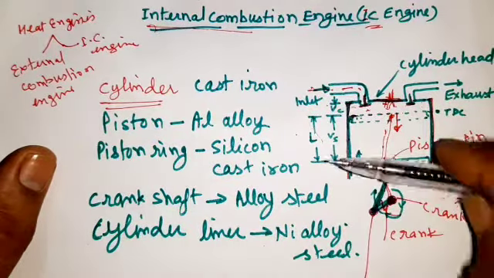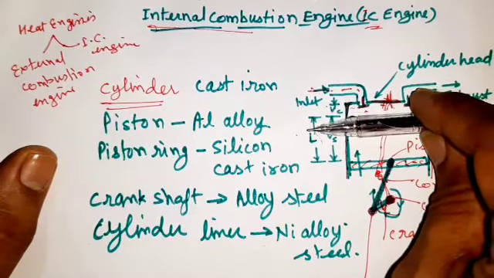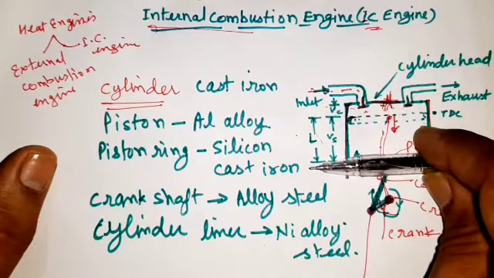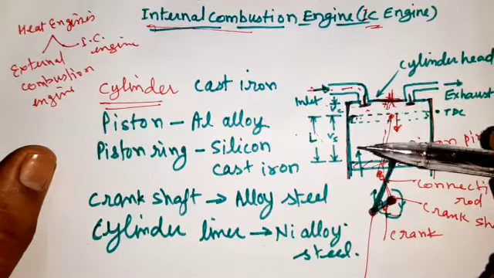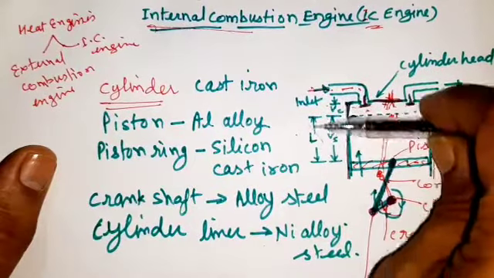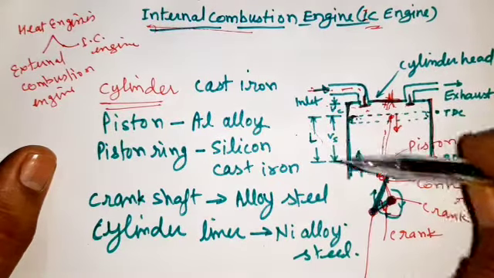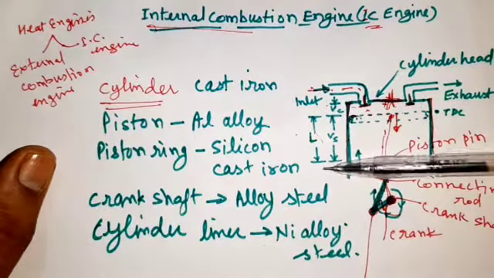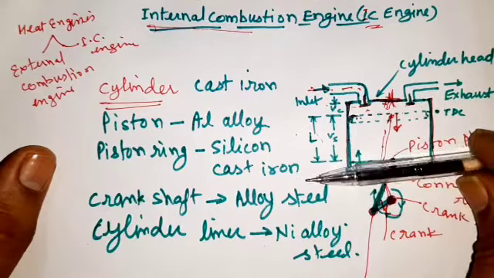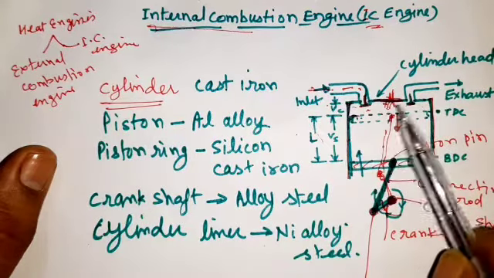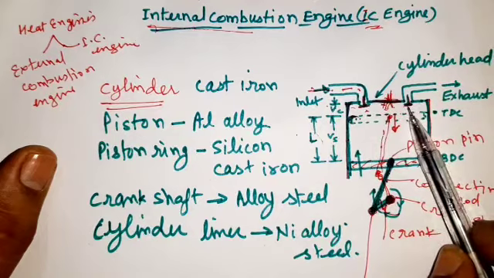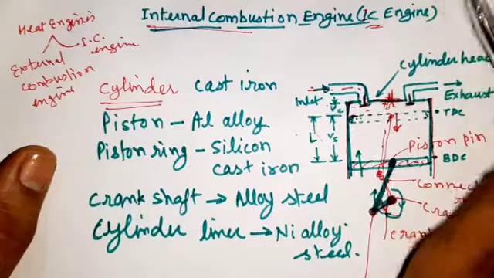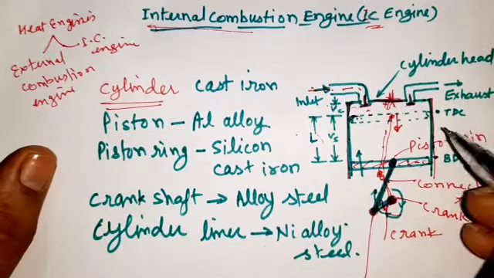This movement of the piston due to the thrust of the burnt gases is called the power stroke, or expansion stroke, and this power stroke provides the energy for the remaining three strokes. When the piston is at BDC and the outlet valve is open, the burnt gases are thrown out into the surroundings via the outlet.